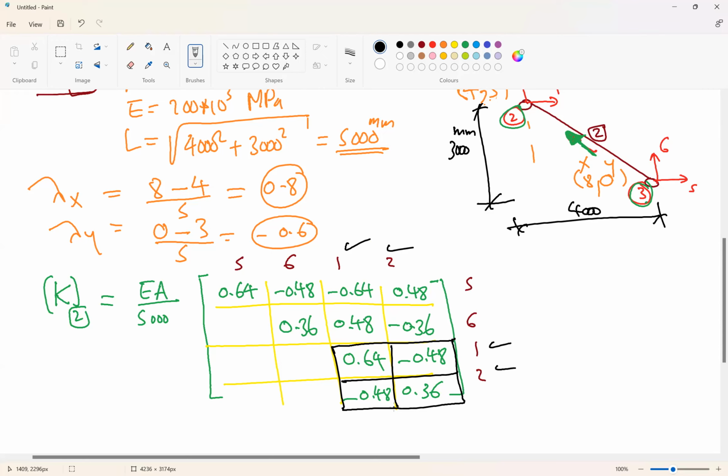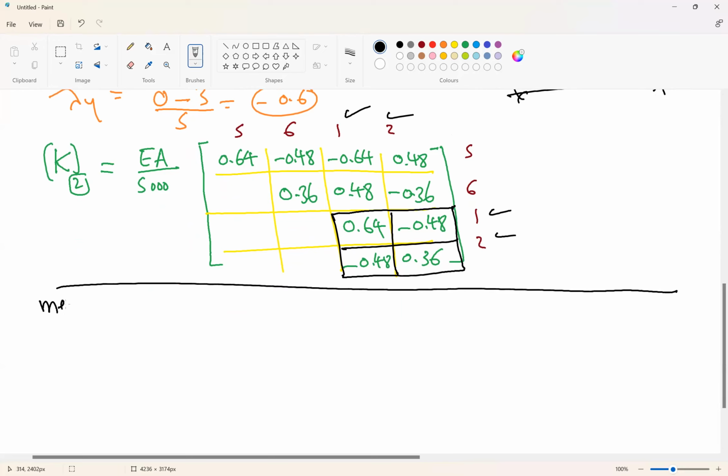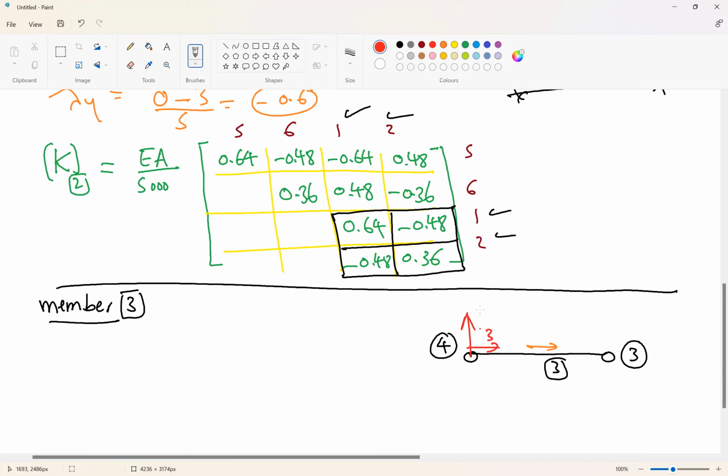So similar things we will do in member 3. Member 3 is a horizontal member, the one to the right side. Start with node 4, end at node 3. This is the direction of the member. This is the displacement at node 4, 3 and 4.